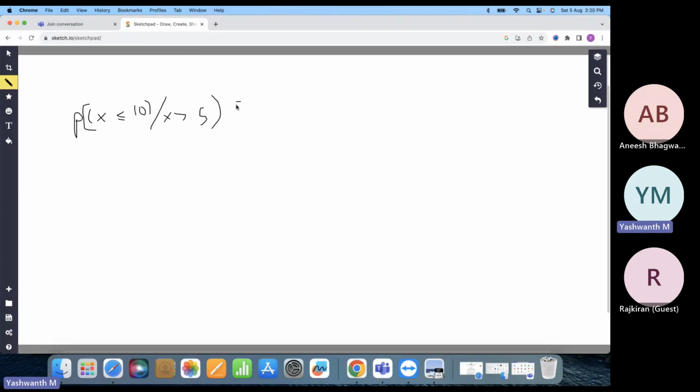So you have to take the intersection of two events, like A given B, that's what I'm using here: X greater than 5 and X less than or equal to 10.